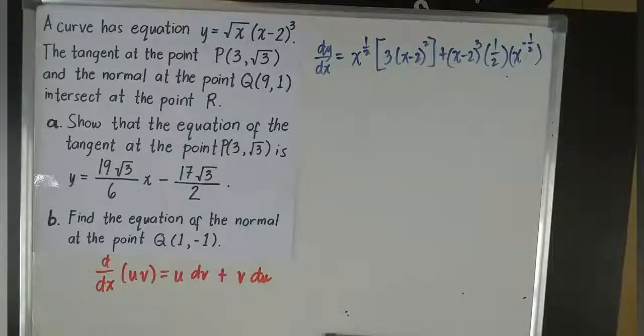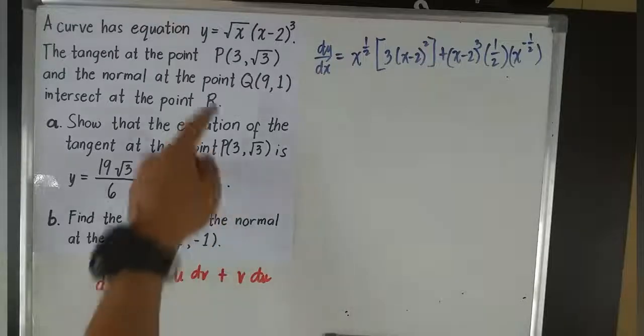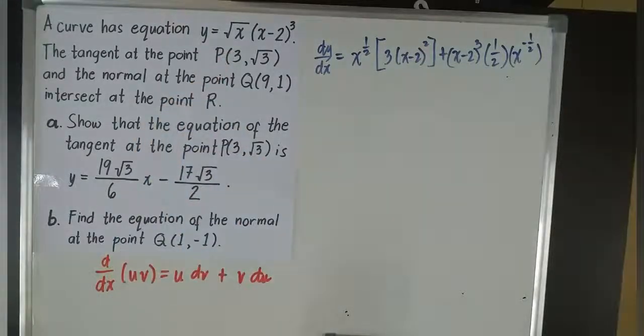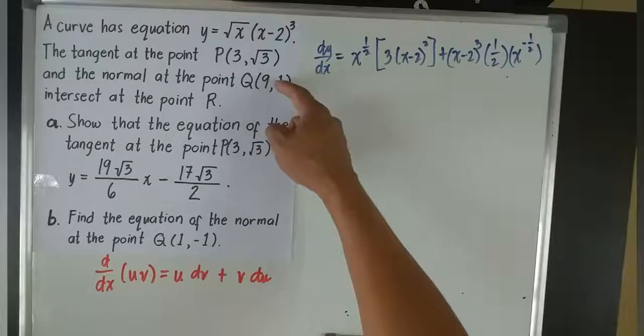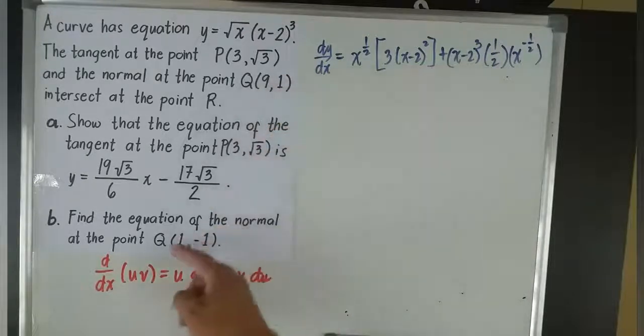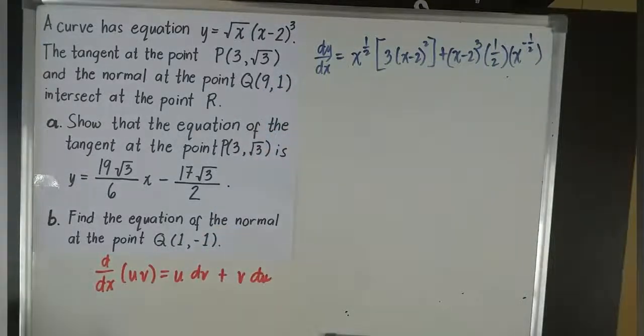Technically the tangent at this point is different from the tangent at this point. By the way, there is a typographical error over here. It's written here 9 1 and this is 1 negative 1. Don't mind that. This should be 1 negative 1. Anyway, it doesn't matter because this is a separate question to that one.